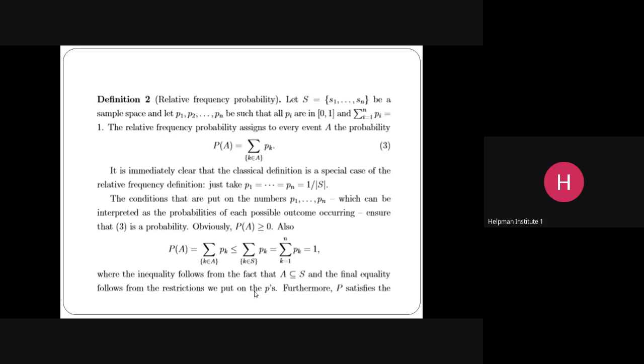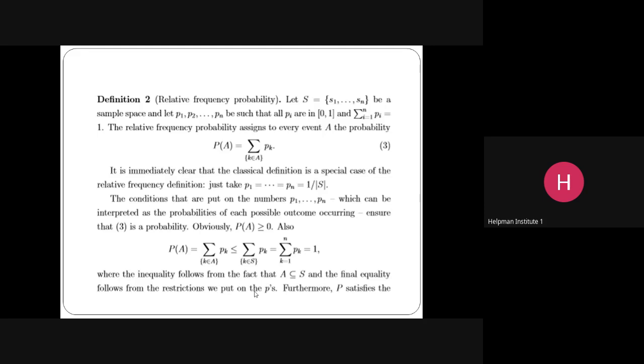Now, obviously, probability of A is greater than or equal to 0. Like I've explained, it is either 0 or greater than 0, and it is either 1 or less than 1.